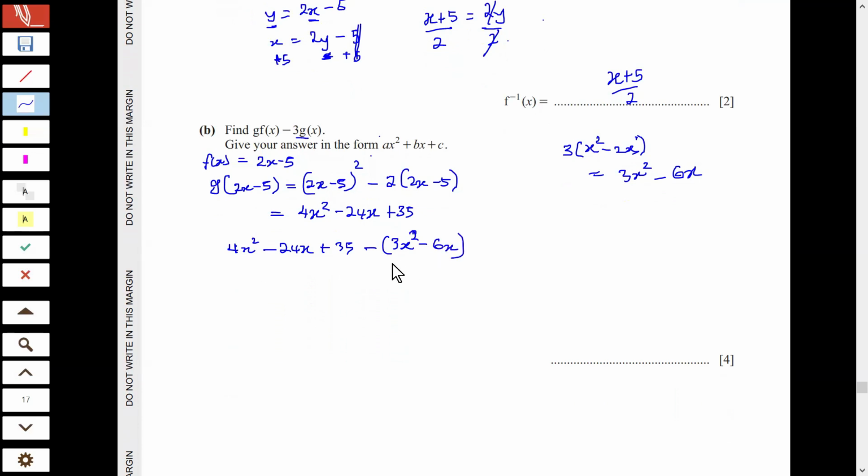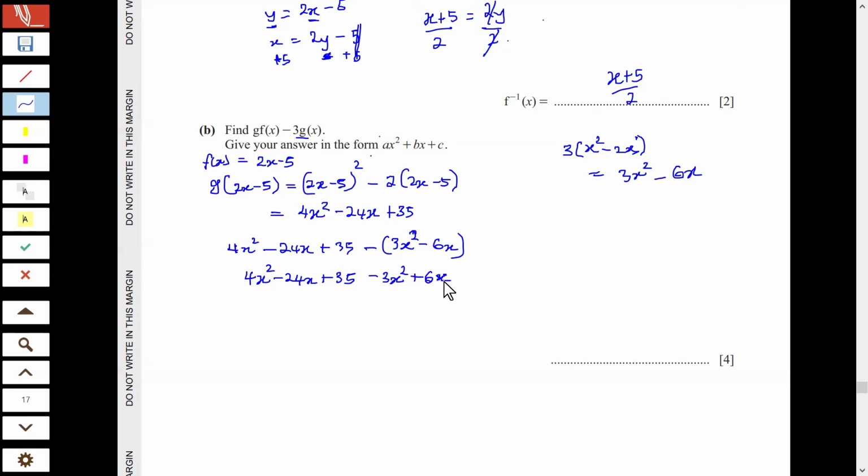So we can expand this bracket, and then we have 4x squared minus 24x plus 35 minus 3x squared plus 6x. Get rid of the bracket.